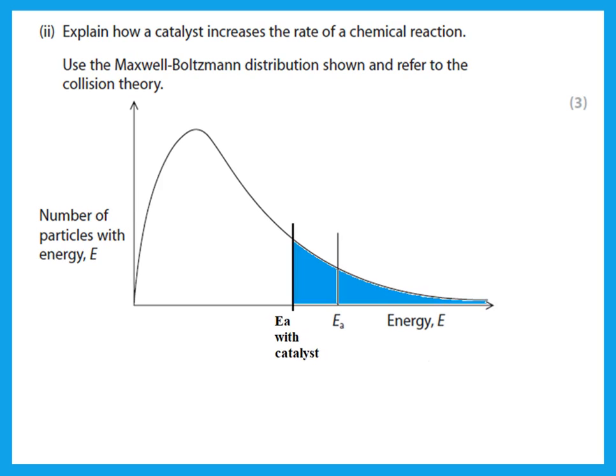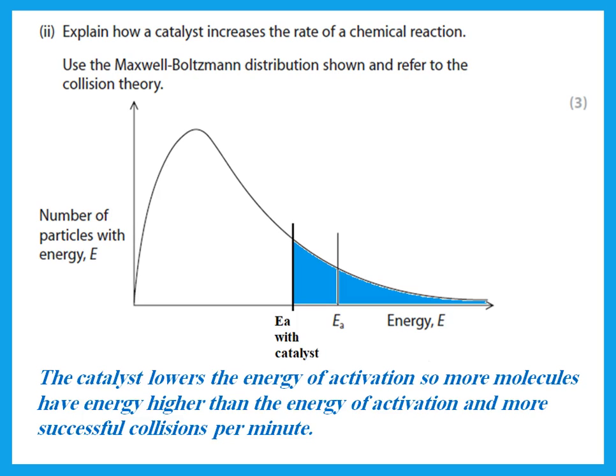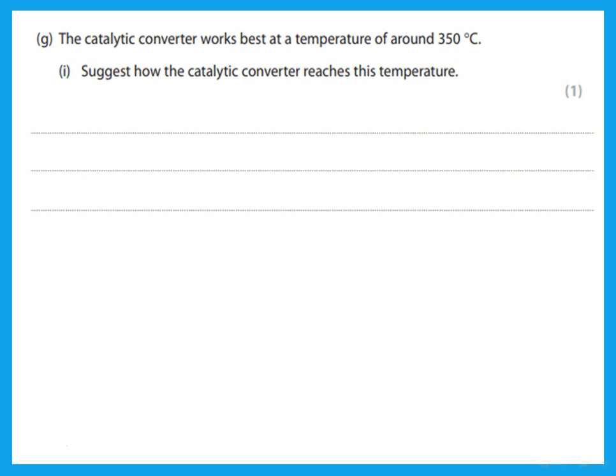So all of these molecules with energy higher than this new activation energy will be able to have a successful collision, and that means you will have a faster reaction or more successful collisions per minute. So what the catalyst does is it lowers the energy of activation, so more molecules have energy higher than the energy of activation and more successful collisions per minute.